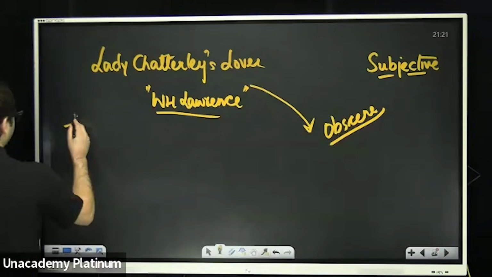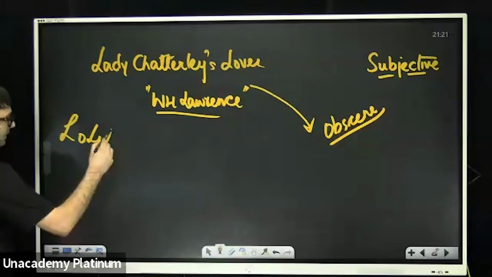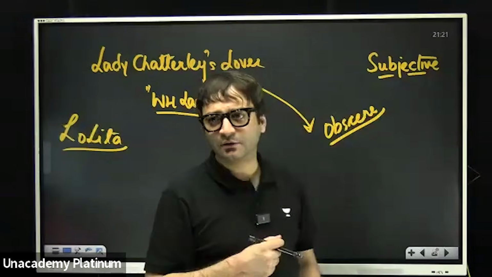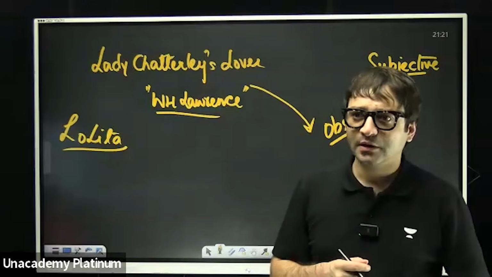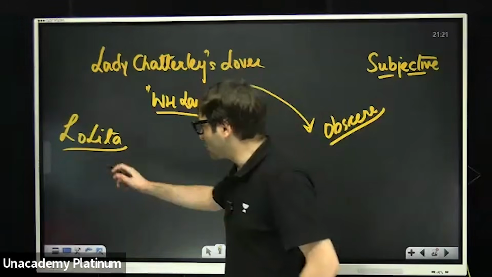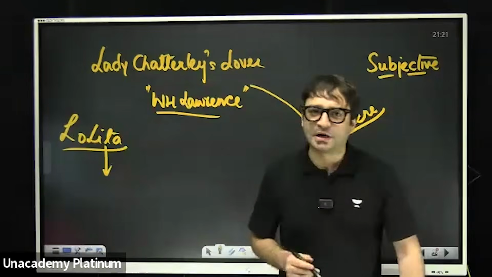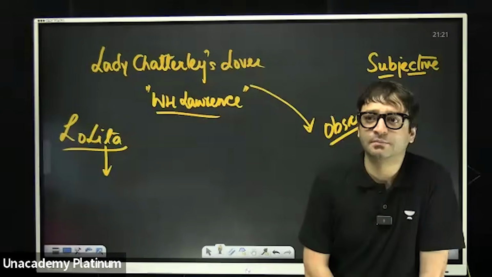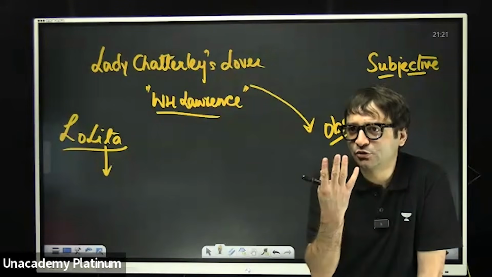Similarly, Lolita, written by Vladimir Nabokov, it was also banned in India. Why? Because it was obscene. Why was it obscene? Because Lolita displayed the protagonist having a sexual relationship with a minor girl, which is not acceptable to our morality.